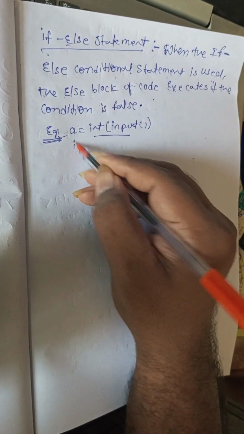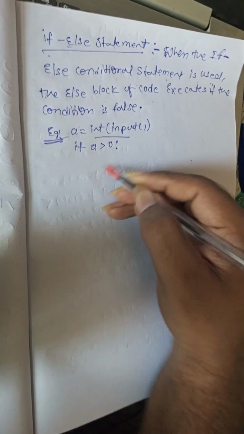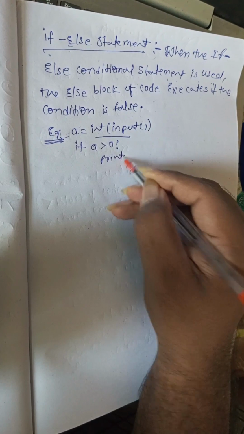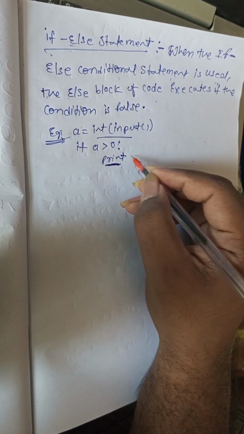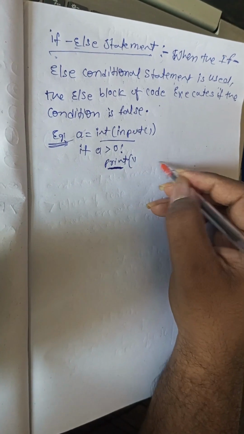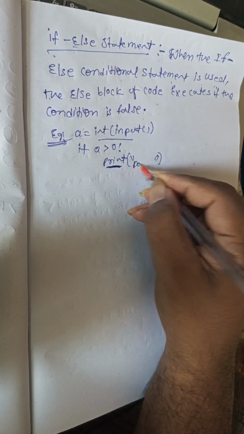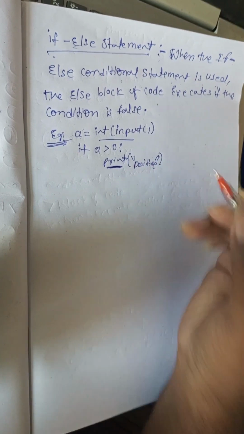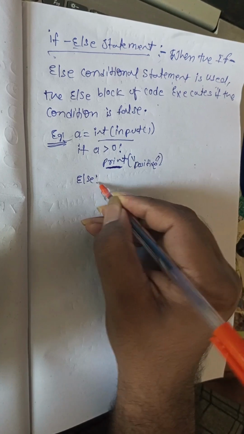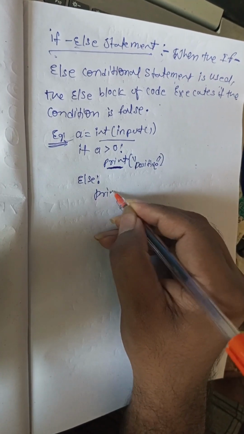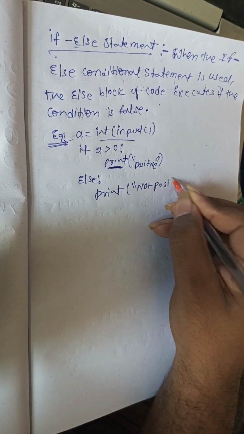Taking the inputs, I have taken if a is greater than 0, print, which we have to use in Python is print, keeping string positive, else, see I am using here else, print not positive.